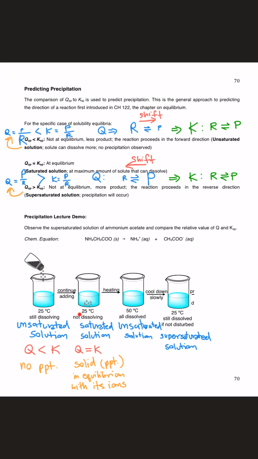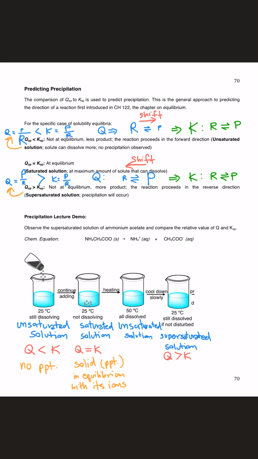The saturated solution will have some of the solid left. However, at the same temperature, in this one the solid has been dissolved already and is still dissolved in this solution. Therefore, this solution is supersaturated because it contains beyond the maximum amount of solute that can dissolve in the solvent. And for the supersaturated solution, Q will be greater than K.